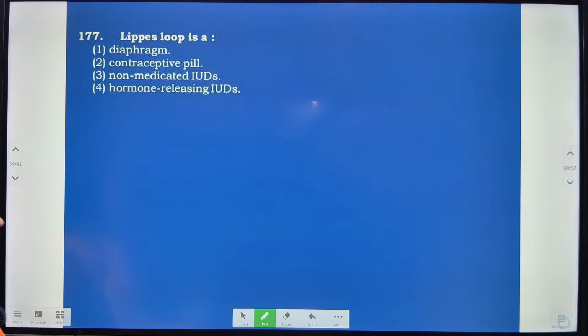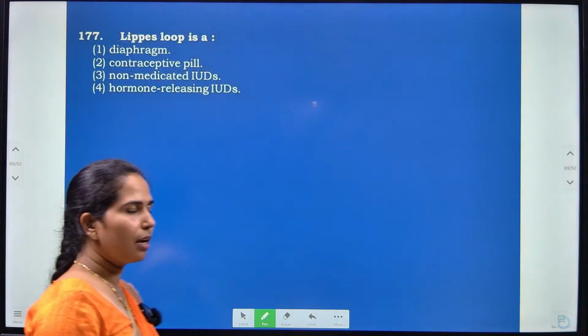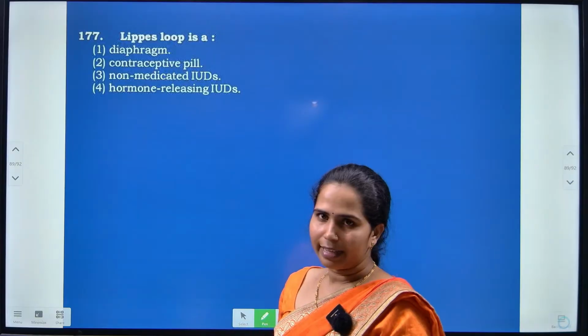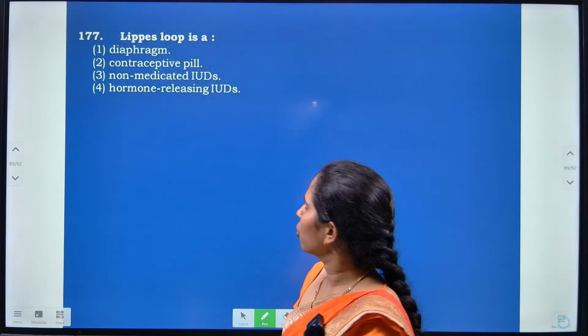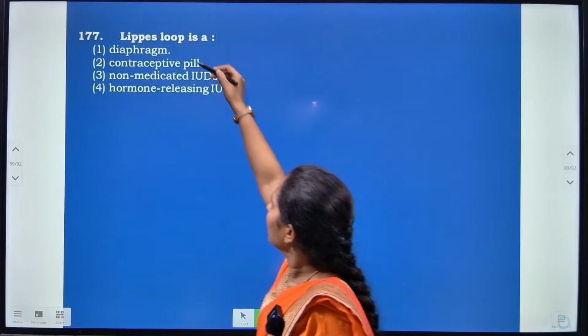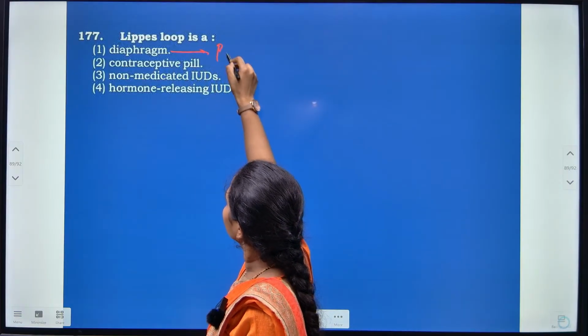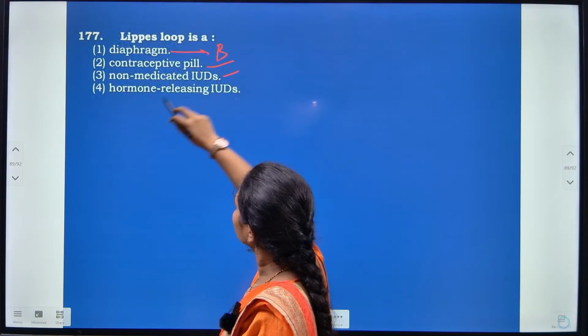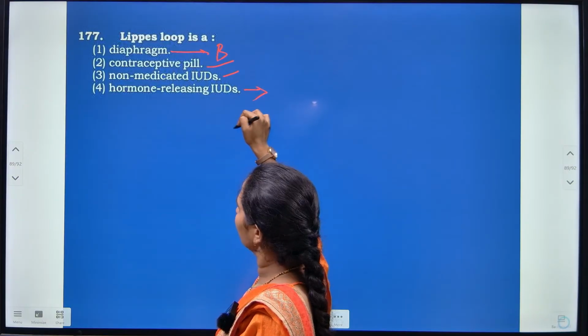Lippes loop, yes, it is a question which has arisen from reproductive health. Lippes loop, I think it is a contraceptive here. So which contraceptive? Diaphragm is a barrier contraceptive. Another is a pill. Non-medicated IUD is not a hormone releasing IUD.